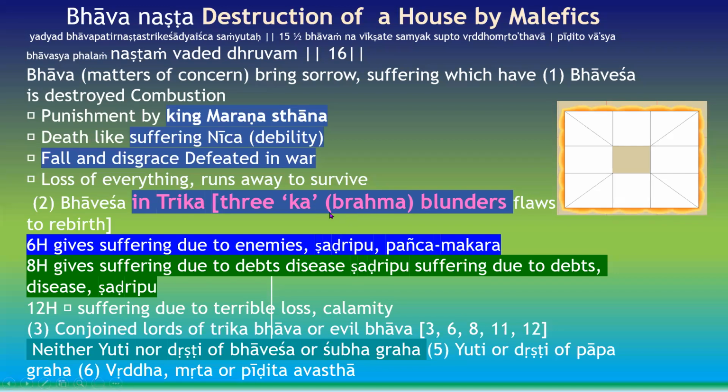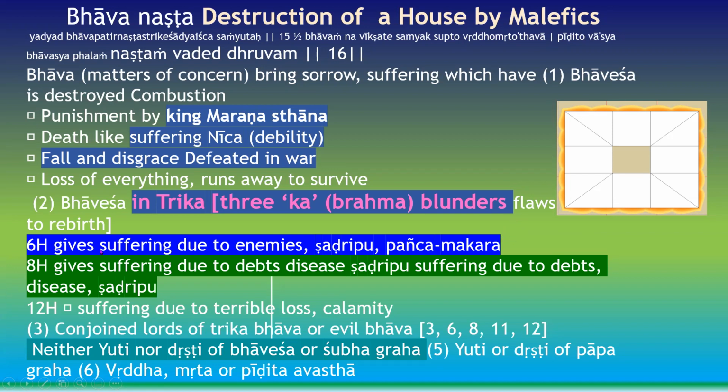Only those three can help bail you out of these trik houses. So if you have, let's say, the Lagna Lord in conjunction with the 8th Lord or the 12th Lord, you will see some amount of problems and sufferings. Be absolutely assured, no doubt about that.